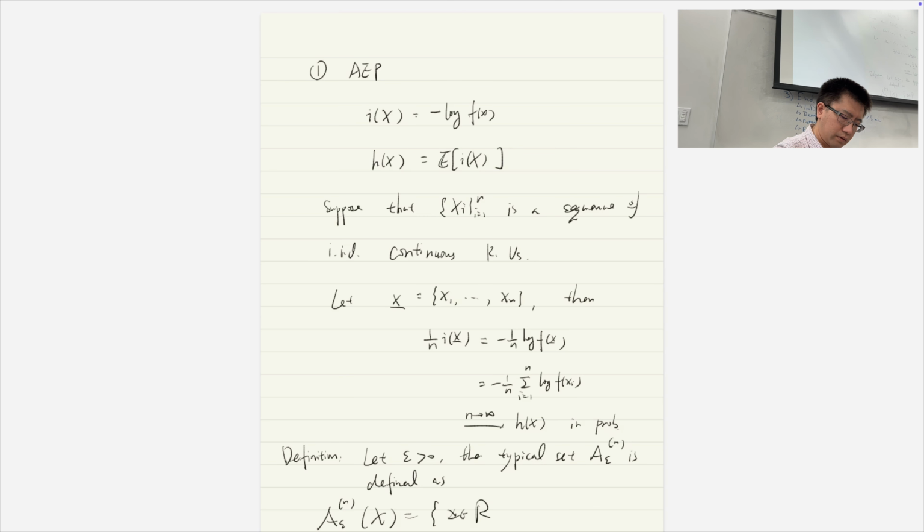Now x is in all real numbers. Normally when we talk about differential entropy and so on, we just assume x will be all real numbers. The absolute value between this and the differential entropy is less than or equal to epsilon. If that happens, then we say this is in the typical set. This is the basic definition.